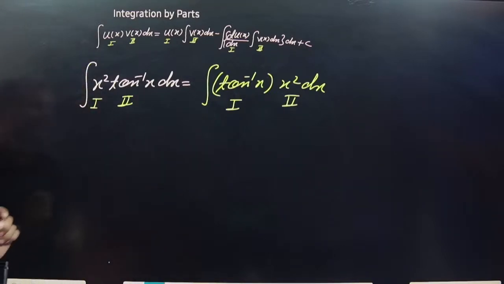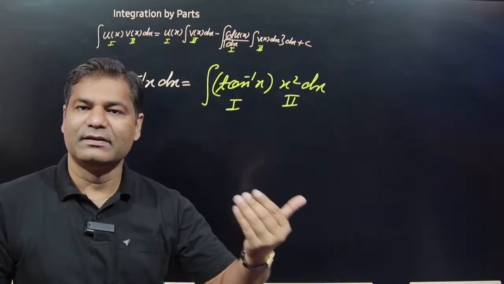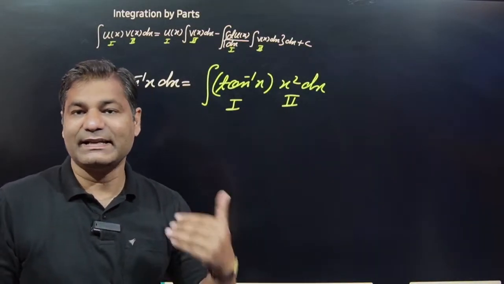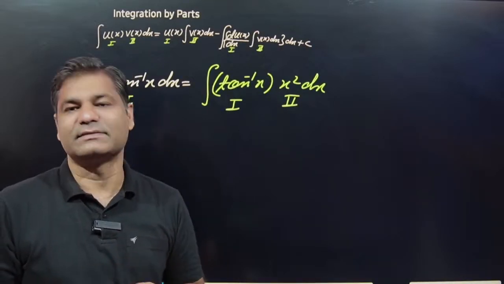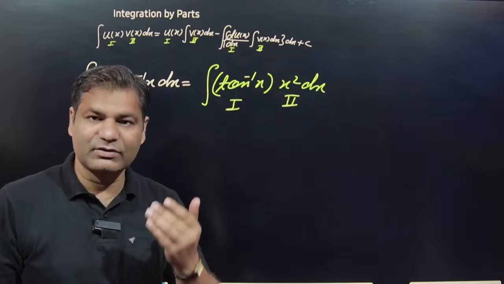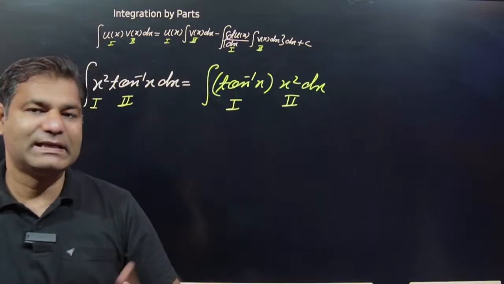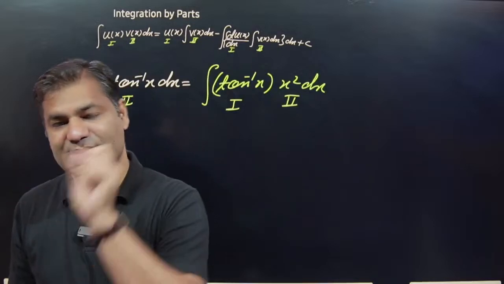Why? So if tan x available, then you can take x square is the first function, tan x take second function. But here tan inverse x. So if inverse trigonometry available, the inverse trigonometry means tan inverse x, sin inverse x, cos inverse x, then that part take first function.